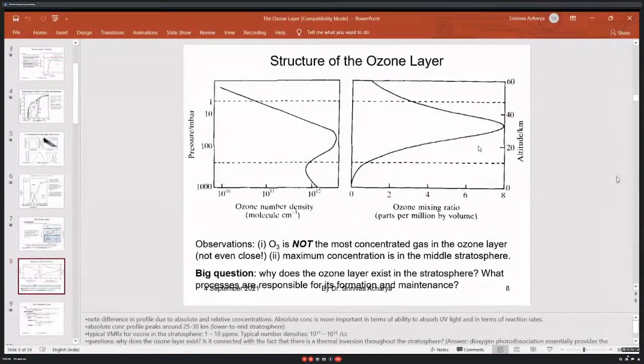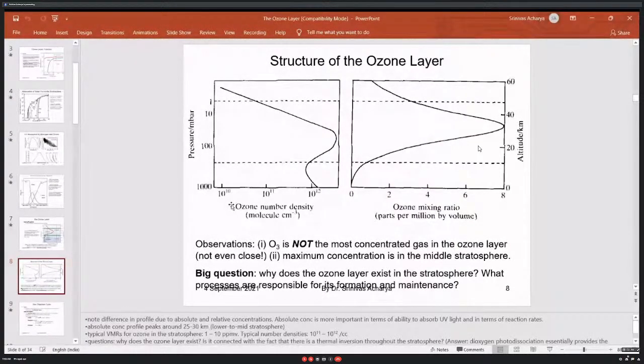Next is the structure of this ozone layer. We have already discussed the structure of this ozone layer. So you can find this ozone number density, in terms of 10 to the power 10 molecules per cubic centimeter, meaning ml. One cubic centimeter is almost equal to 1 ml.